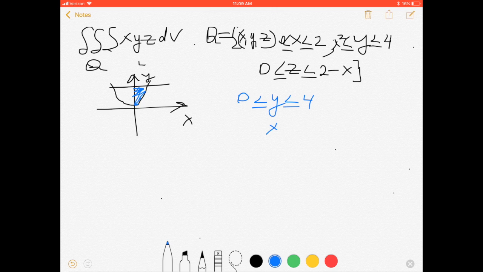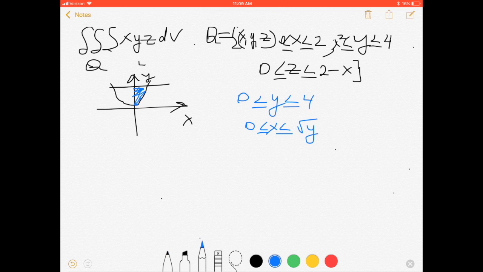This means x changes from 0 to square root of y, because y equals x squared, this means x equals square root of y. For this part, I think we talk only about the positive part.